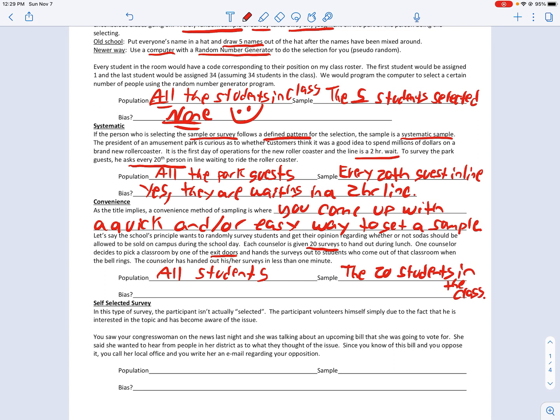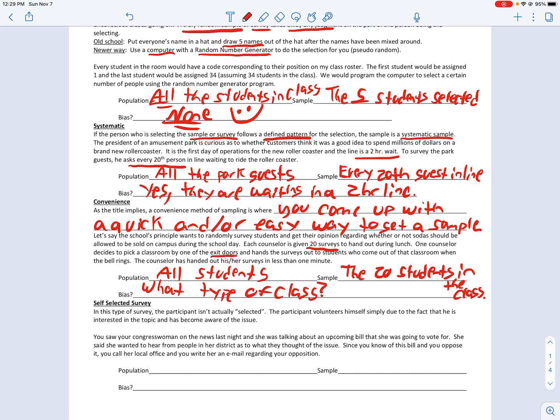So is there any bias? Well, what type of class is it? For example, at our school, maybe they're coming out of a health class. They just learned about what soda does to your body. They probably wouldn't vote to have soda.